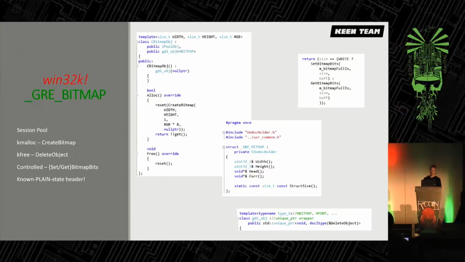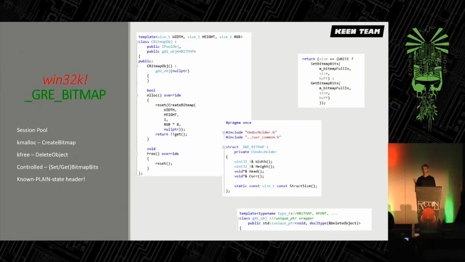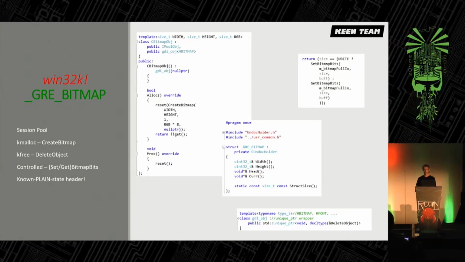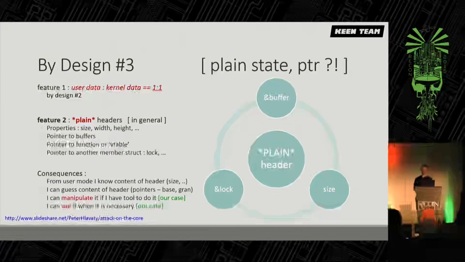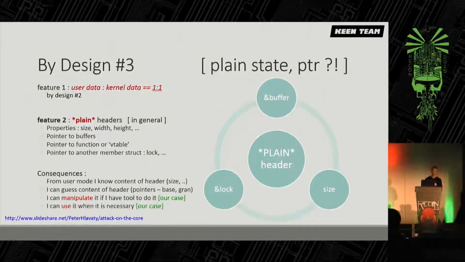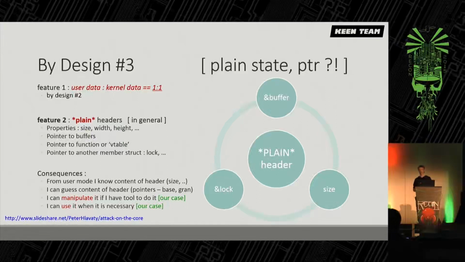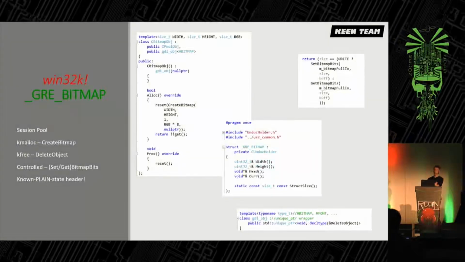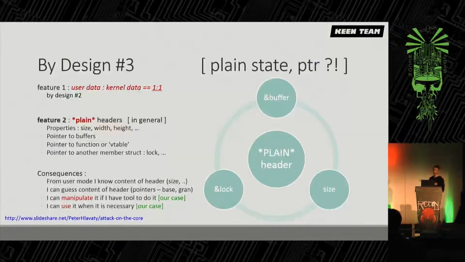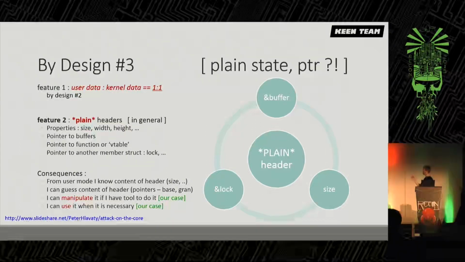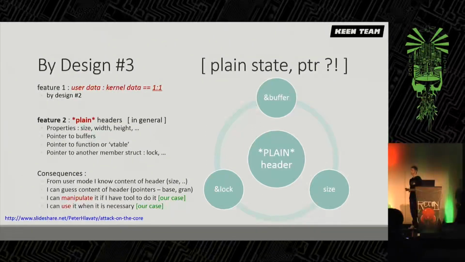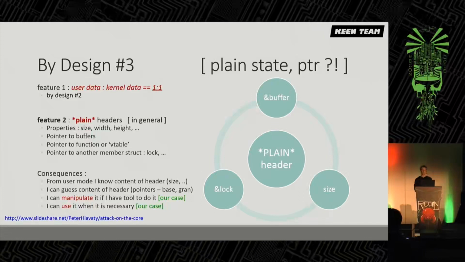And then you're able to somehow alter the height or width, the size of the bitmap. The good feature is that the header of this bitmap is in plain state. That means in plain state you have the size, the pointer to the buffer, and the pointer to the lock. And that's really cool.